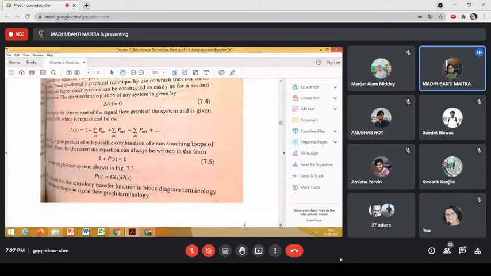Now, we know that the characteristic equation delta S, please note down this equation. Right now, you will not be able to appreciate or understand this equation. When we discuss the signal flow graph, then you will be able to understand this particular equation. So for the time being, please note down this equation, and beside the equation, please write down: see signal flow graph, chapter 4.